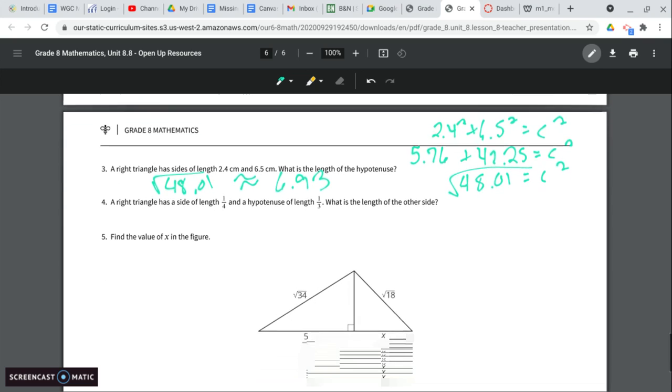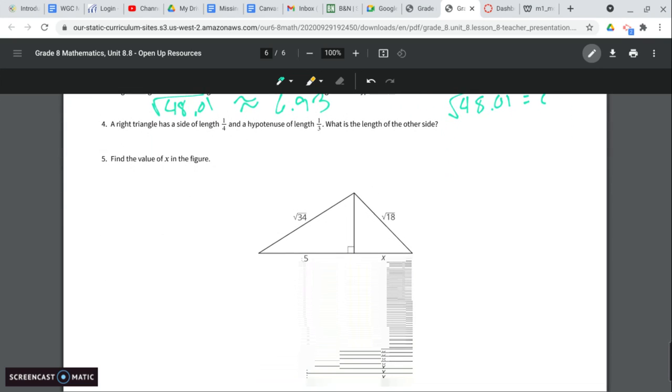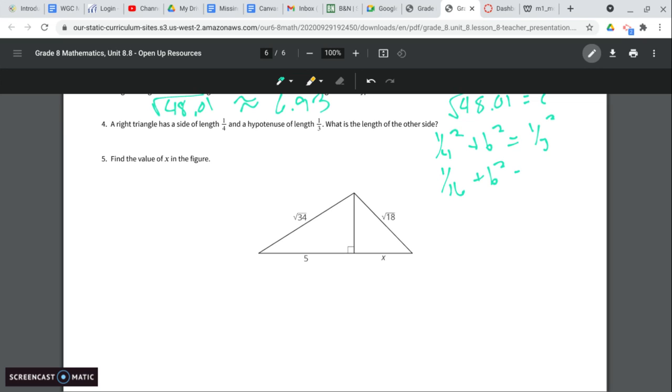All right, a right triangle has a side length of a half and a hypotenuse of a third. What's the other length? So we've got 1/4 squared plus B squared equals 1/3 squared. So this would be 1/16 plus B squared equals 1/9. Subtract the 1/16.